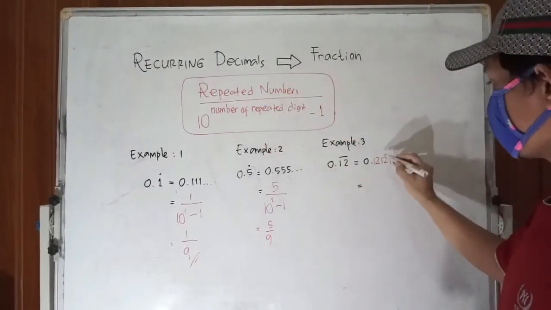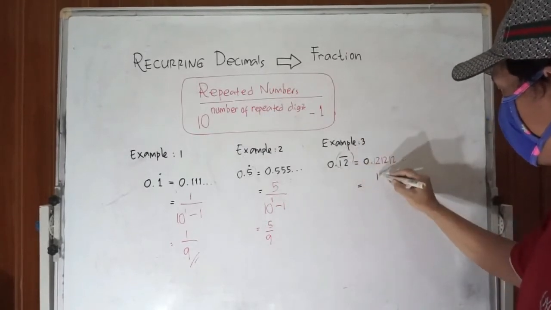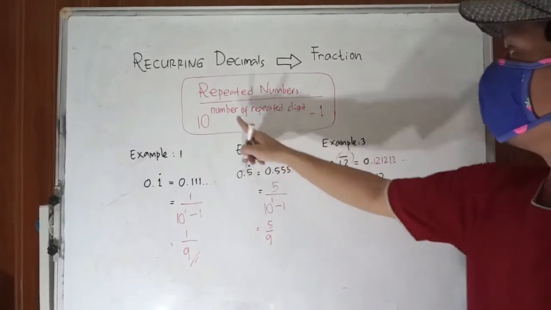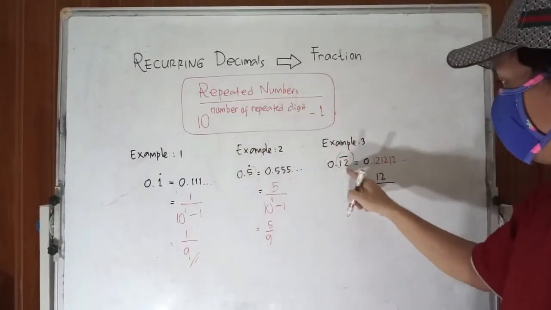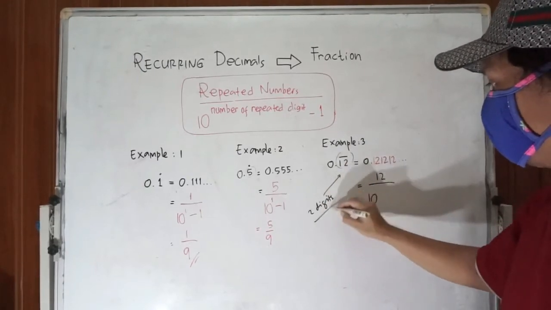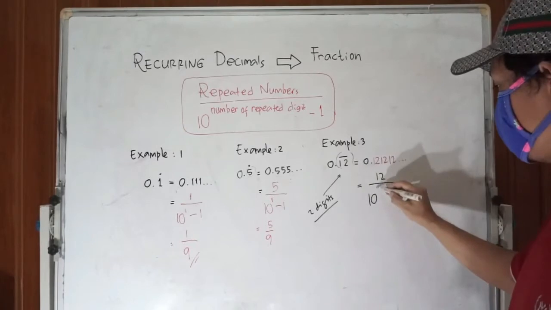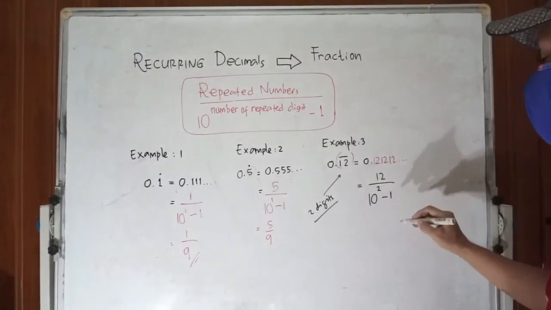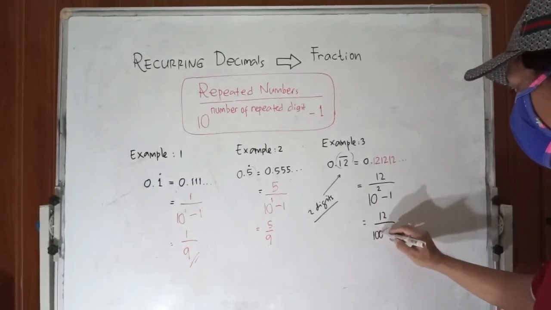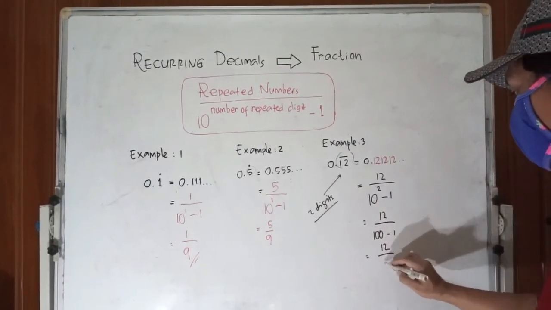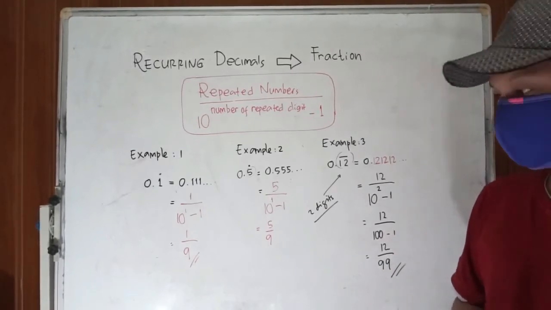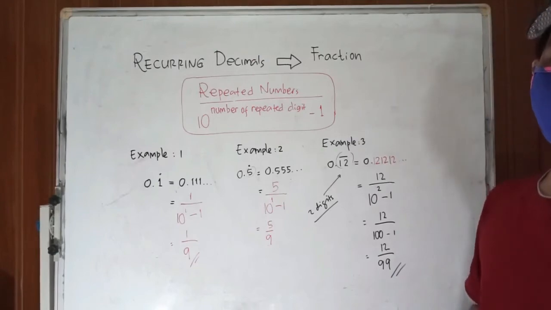Repeated number is 12, right? 12 over 10 power number of repeated digits, 2 digits, right? 2 digits. So 12 over 100 minus 1. So 12/99. Very easy, right? Okay, go to the next example.